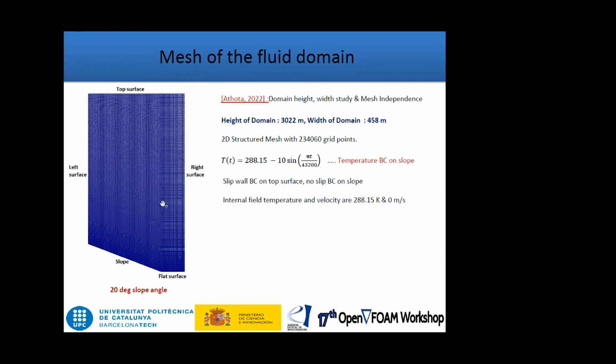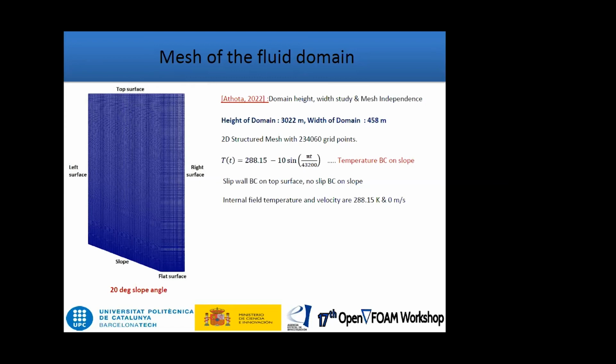In the internal field I have taken 288.15 Kelvin with no initial velocity, and on the mountain slope a sinusoidal temperature boundary condition is given, such that over 12 hours the temperature decreases from 288.15 to 278.15, then picks up again to 288.15 and goes to 298.15. So it is a sinusoidal wave kind of condition.